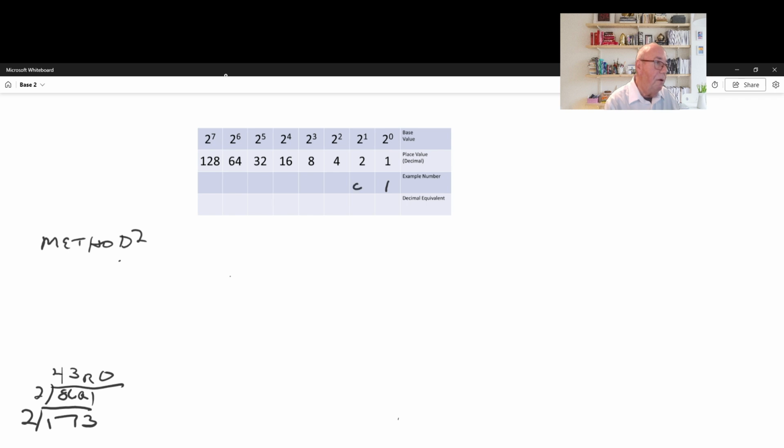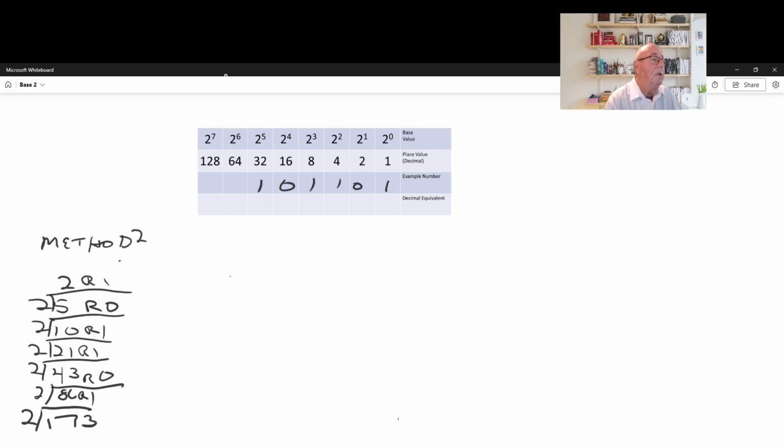We'll put that 0 there. 43 divided by 2 is equal to 21 with a remainder of 1. That 1 there. 21 divided by 2 is equal to 10 with a remainder of 1. 10 divided by 2 is 5 with a remainder of 0. 5 divided by 2 is equal to 2 with a remainder of 1.